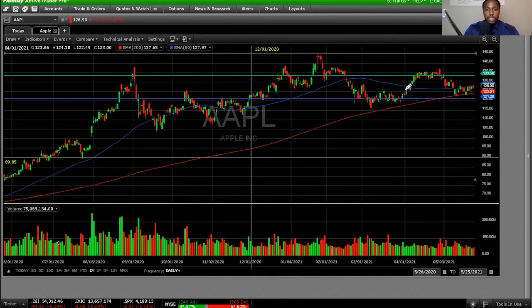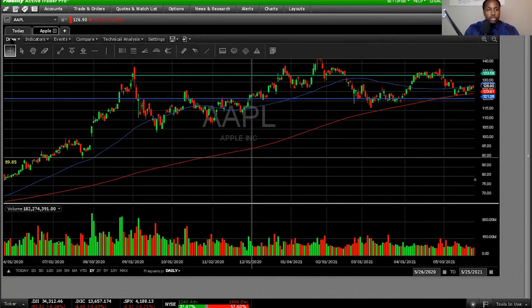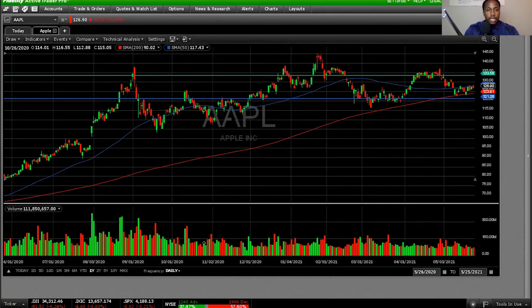What I want you to see here is, okay, I have a 200-day moving average, and I also have a 50-day moving average. The 50-day shows as the blue line, which is essentially right here, highlighted. It's $127.78, the 50-day moving average for Apple right now, and this is over a period of a year.